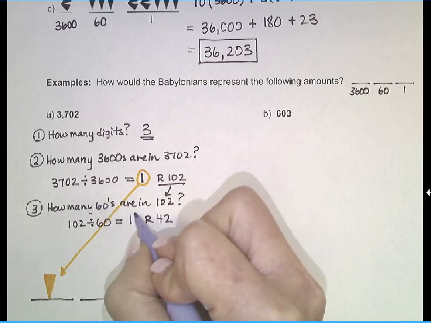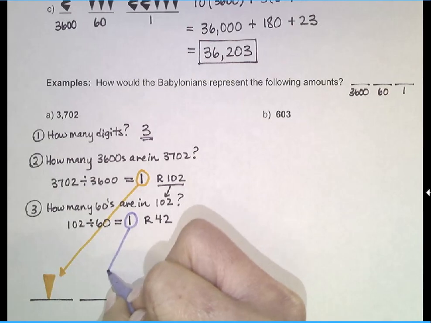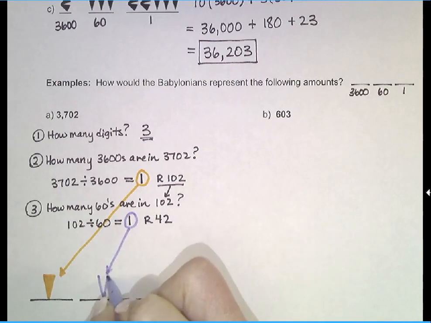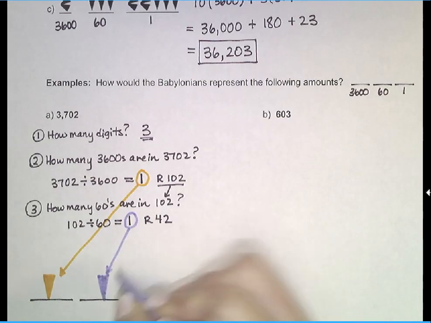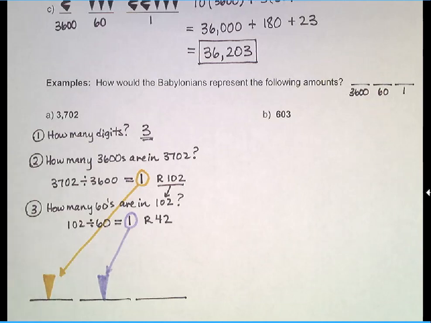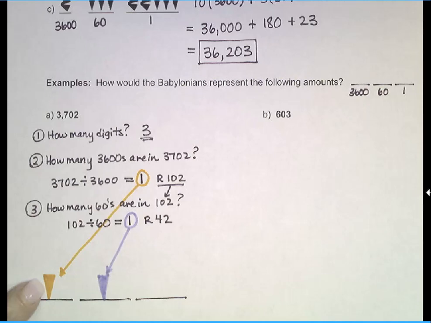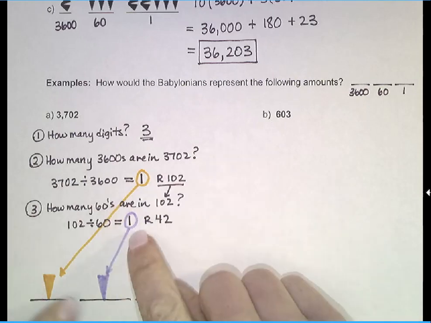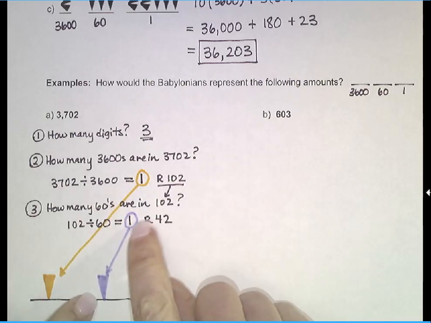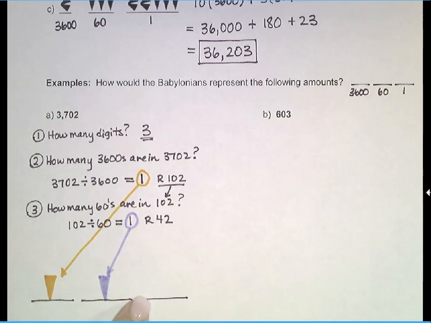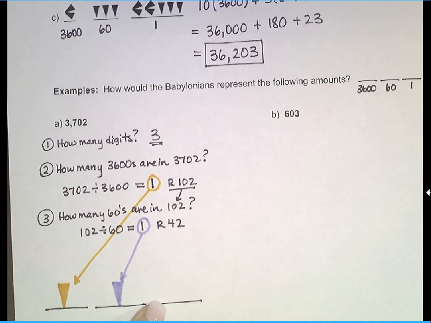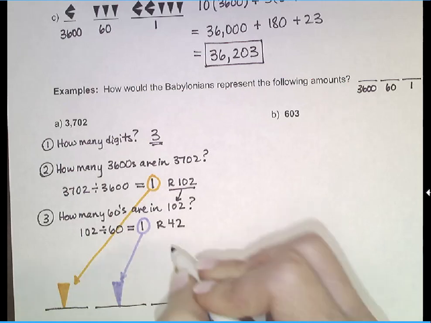So this one is how many 60s we have. So you're taking your quotient, basically. When you divide, whatever number you get, you draw it. And then you take your remainder and you divide by the next digit. And we get a 1, so you draw it. The remainder is 42, so the remainder is going to go in the last slot.